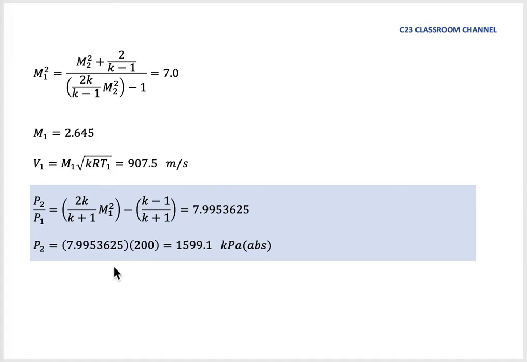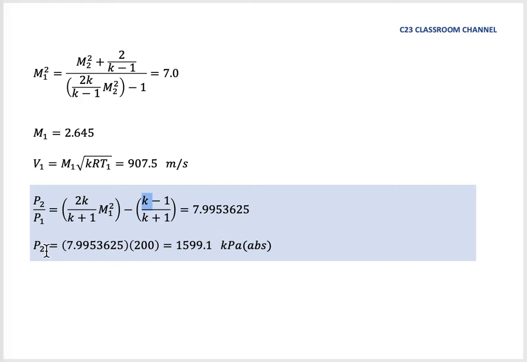To calculate the pressure after the shock wave, we use the pressure ratio P2 over P1, and in this equation, we substitute the value of M1 that we get here. We substitute the value of k equal 1.4, then we could get the ratio of P2 over P1 is equal to 7.9953625.